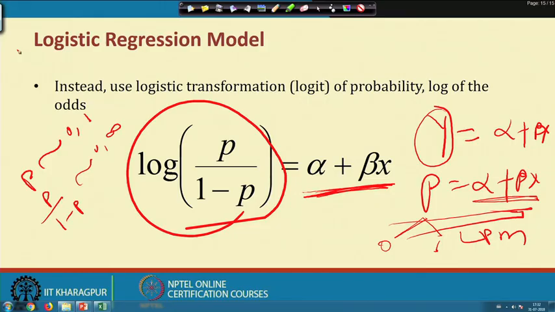So, what is required here again? Again, you go for group sampling. Technically, for using logistic models or probit models, you should have group sampling rather than individual sampling.